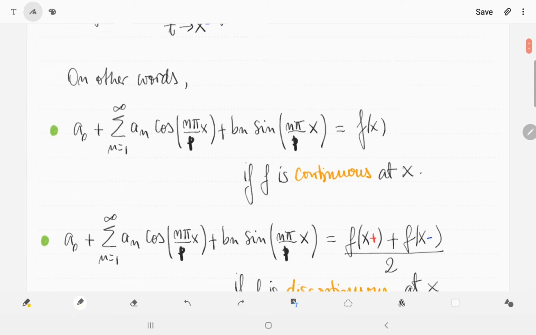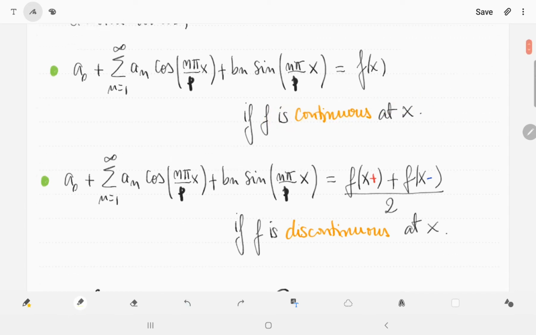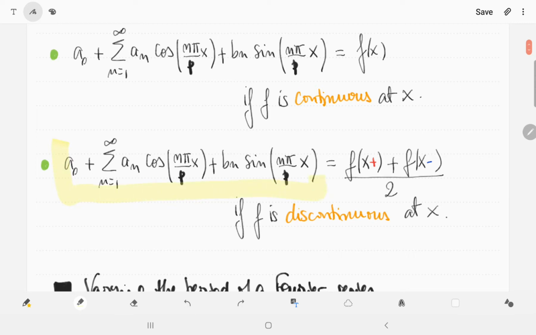Okay, so in other words, what we have is the Fourier series representation is exactly f at x if f is continuous at this point x. And the Fourier series representation of f is this average when the point is a discontinuity point for f.